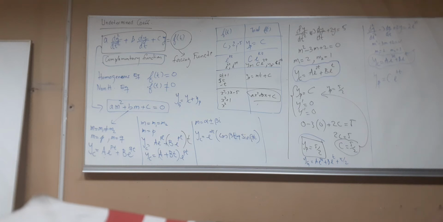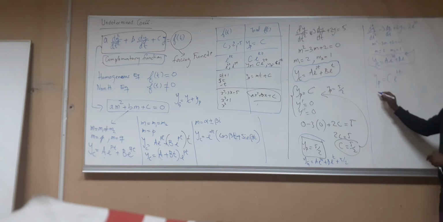One very important thing is you have to check your yp. Do you have any similarity here? I have c e to the power 3t, I have a e to the power 2t, and b e to the power t, so there's nothing that can conflict, so I can take this one.